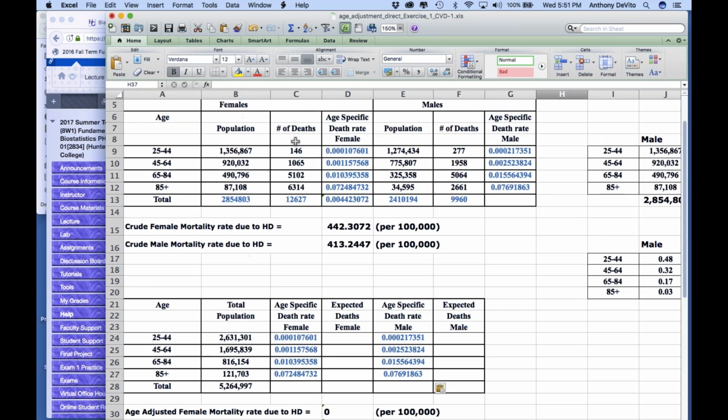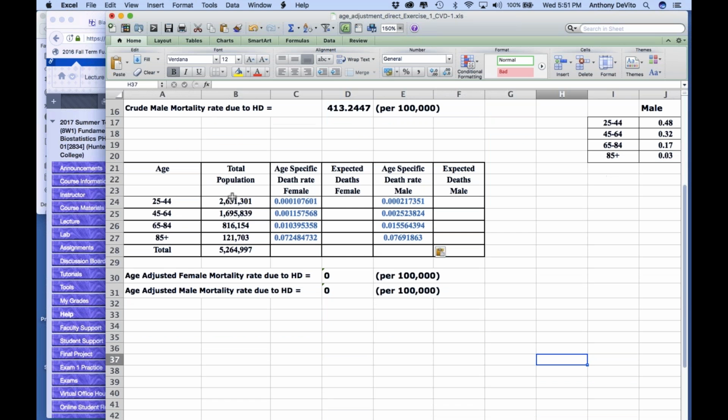Well, how about if I just take the sum of males and females, add them all up together, and apply this? Let's find out how many women would die in this age range if the population was the sum of males and females in New York City. And the same thing for 45 to 64-year-olds, 65 to 84s, and 85.